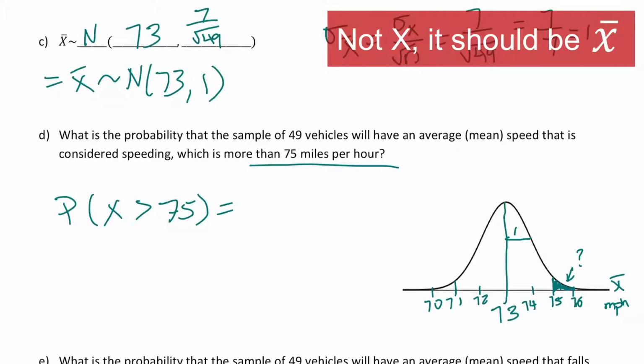And I would know that from 71 to 75 would be 95%. And then I have 5% left over. 100 minus 95 is 5%. And so this top bit is 2.5%.